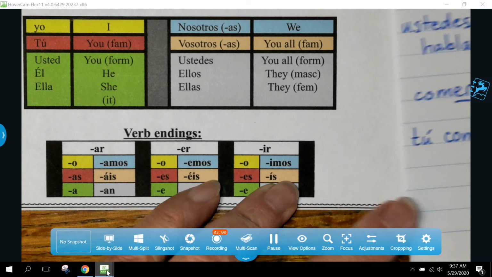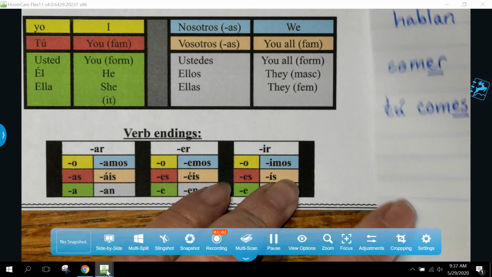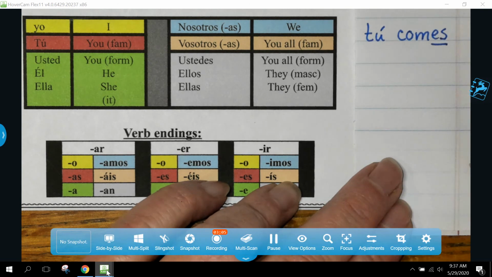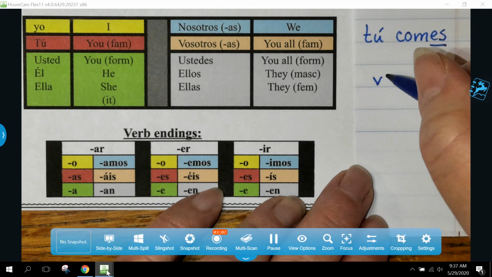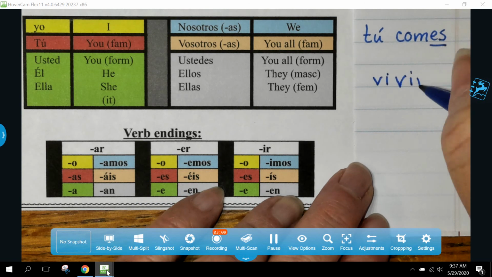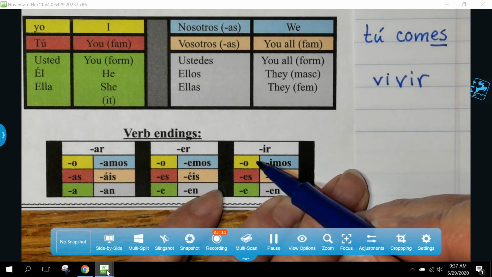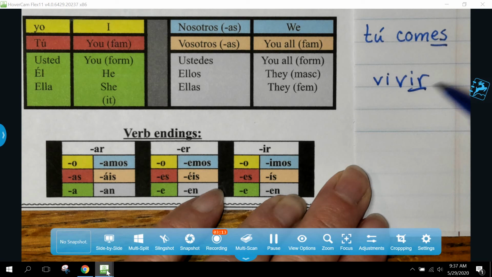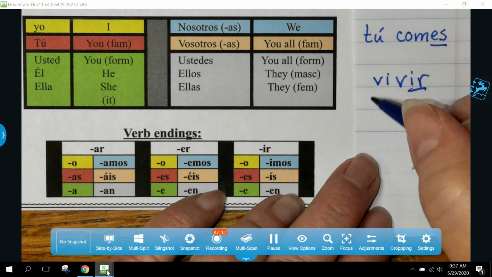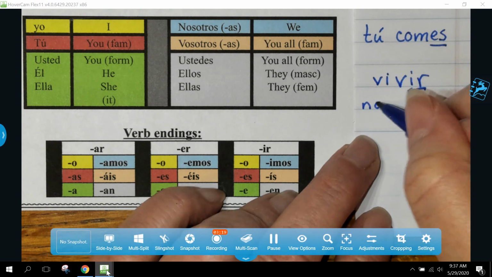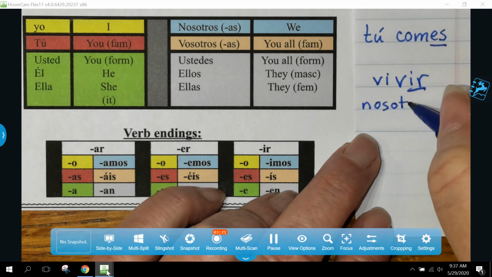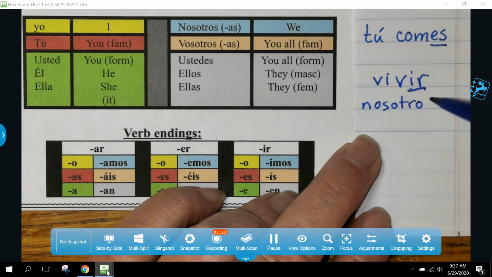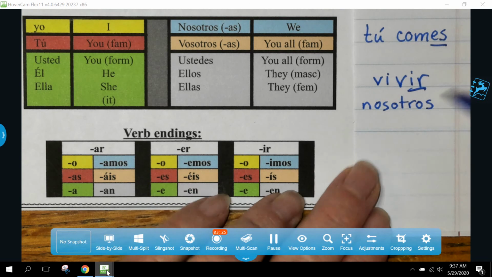Let's take an IR verb. So let's look at the verb vivir. Again, minus IR, take away the IR, and let's say this one we want to do nosotros. N-O-S-O-T-R-O-S, and if you have trouble spelling that, N-O-S-O-T-R-O-S.